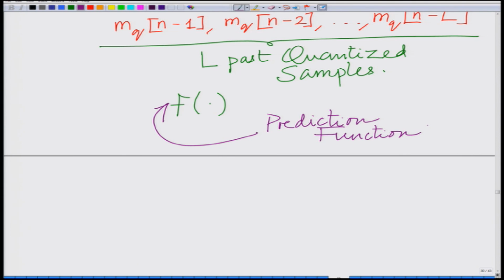There are ways to construct the optimal prediction function. This prediction function has to be appropriately designed.